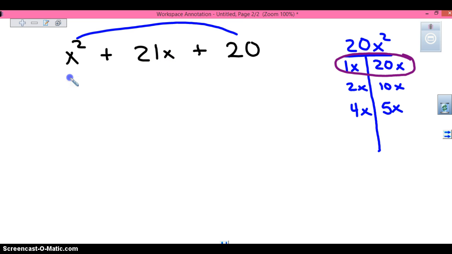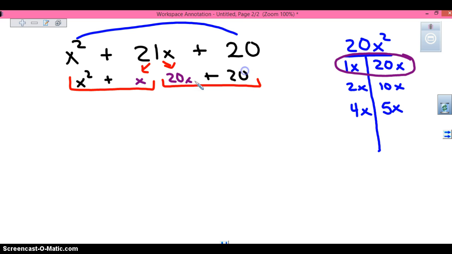If we create our group, x and 20x, bring down our x squared right here, bring down 20. Now we're ready to factor each of our groups.